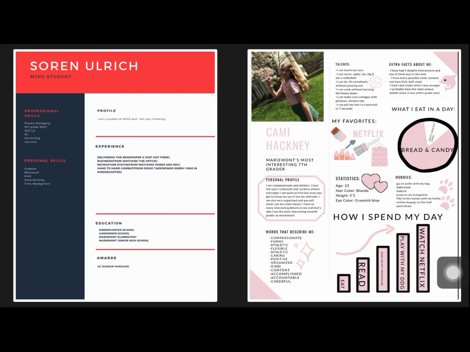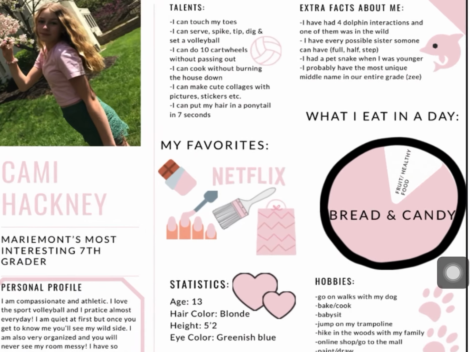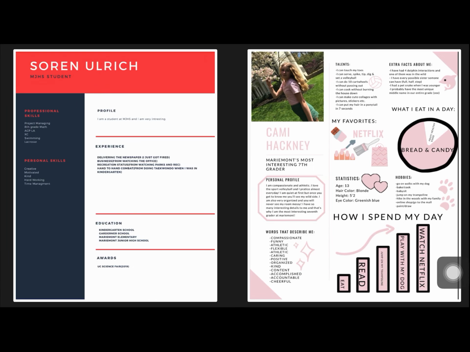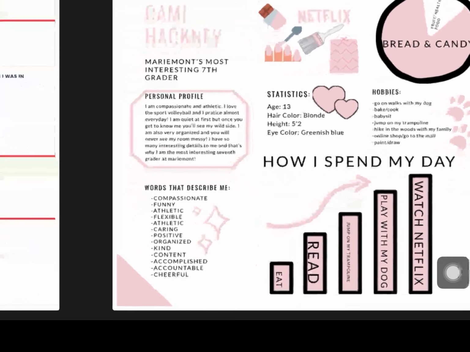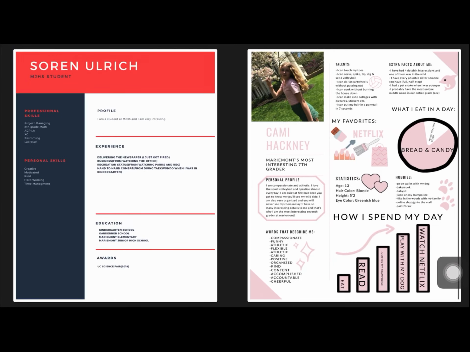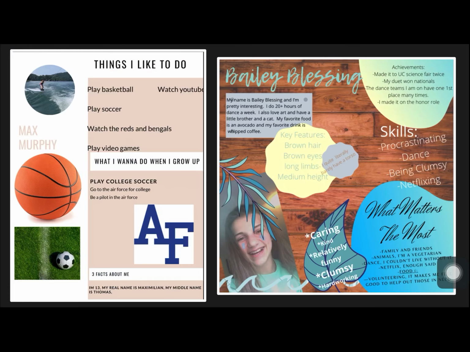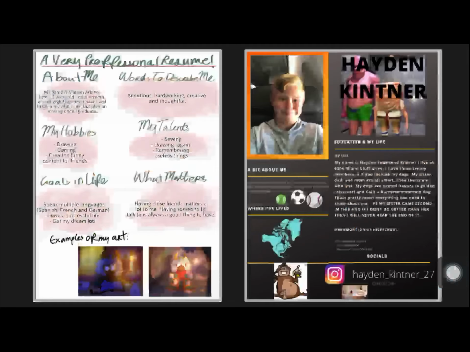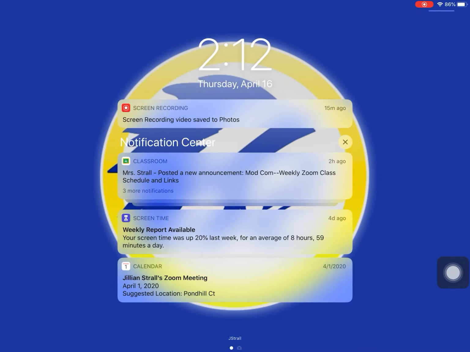You'd be able to look through theirs, see who you felt like did a really nice job with their nonverbal communication. iPads in particular, remember you can zoom in as much as you want if you need to be able to see or read something a little bit clearer on everyone's resumes. So you can see I've got Soren and Cami's, then I move into Max and Bailey's, it goes into Malia and Hayden's, and then it continues from there.